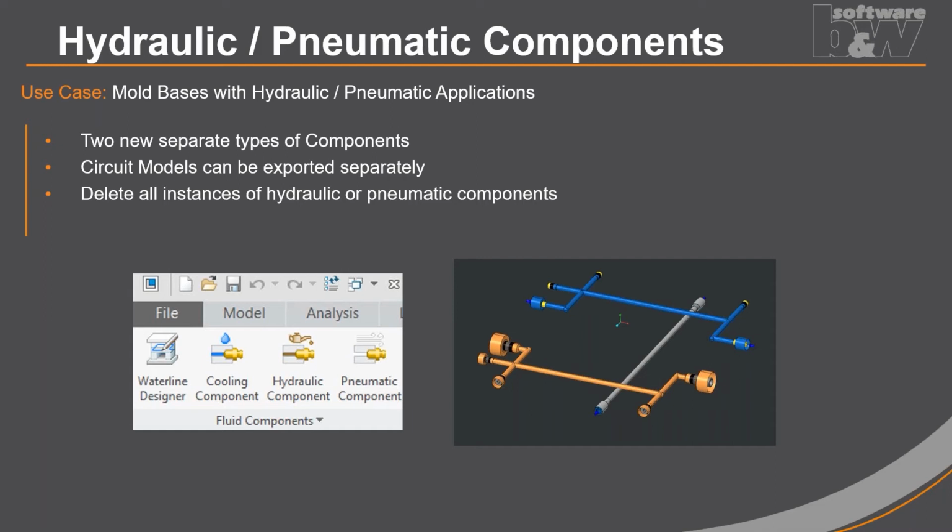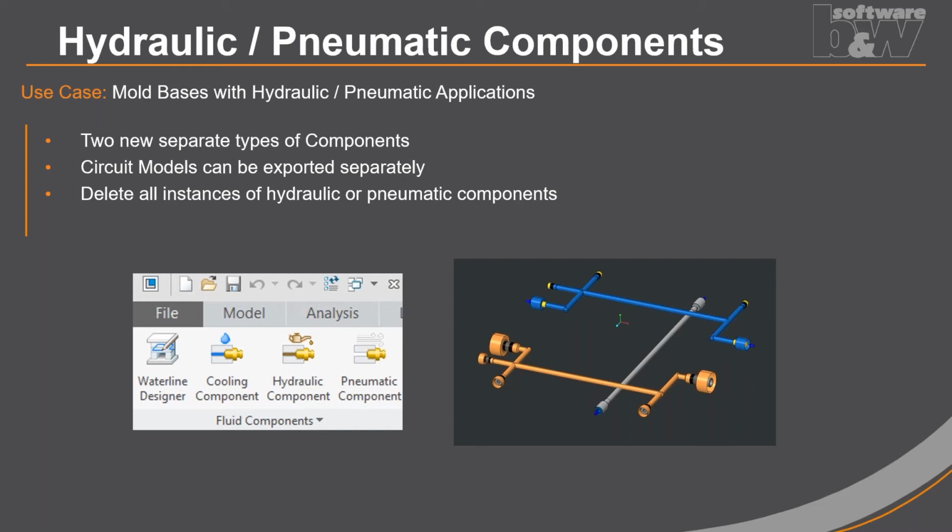And in case you also had hydraulic and pneumatic circuits and you don't want to delete them and you use this delete all cooling components function, then everything would be gone. And that's the reason why we now introduced the new types of components. And now you can really create independent cooling, hydraulic and pneumatic circuits, and they are also handled like individual components.